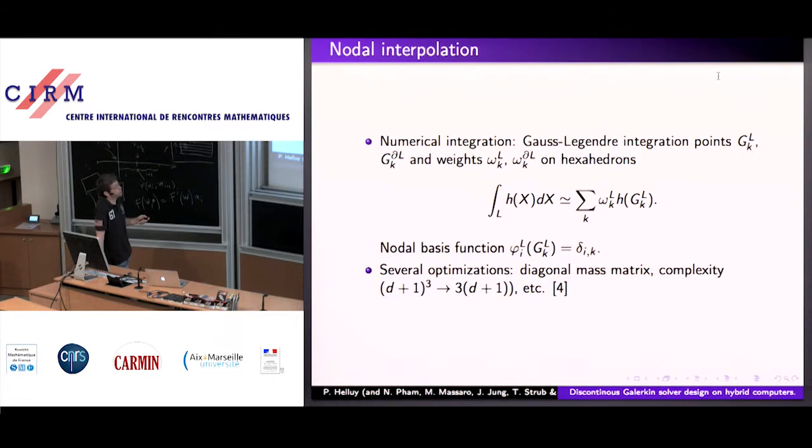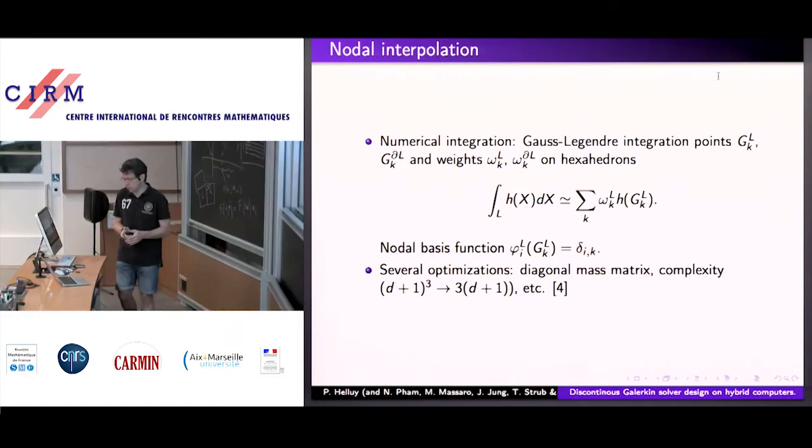It allows avoiding many computations. So instead of a (d+1)^3 complexity, where d is the degree of the polynomial, you have a much lower complexity. And in this SEMRAC session, we are extending the approach to Gauss-Lobatto points and with other optimizations.